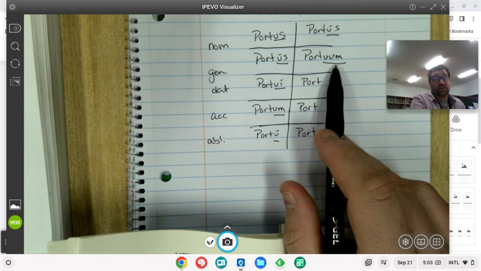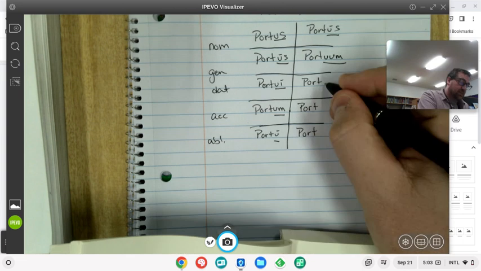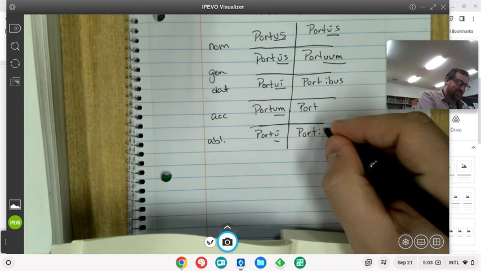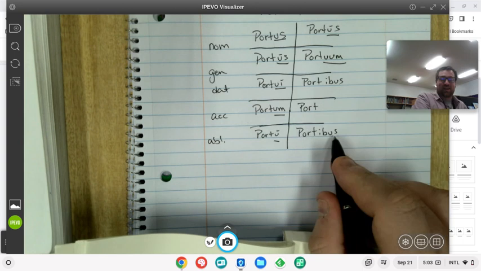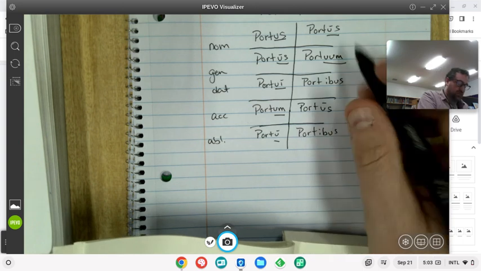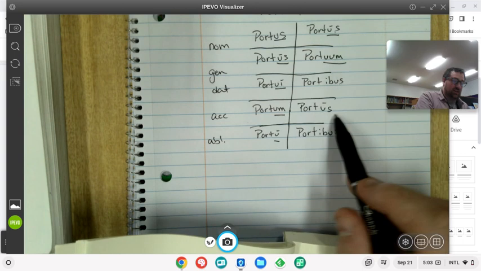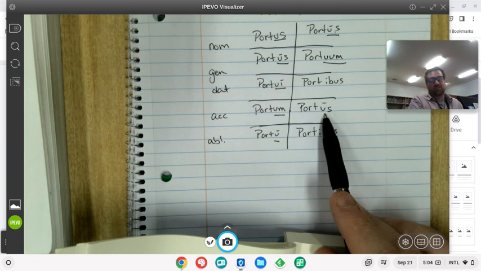Us, and then again we're going to do ibus for our dative plural and our ablative plural, and then us again. So we have three that are the same in the fourth declension, and now they're in different spots.